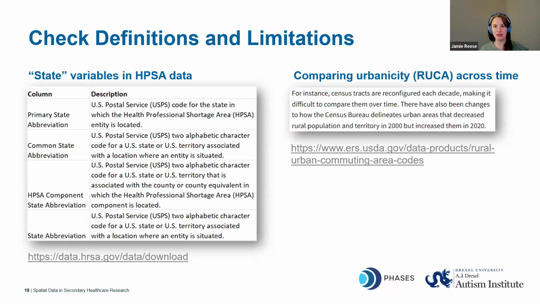On the limitation side, there's actually some really interesting methodology stuff around this. So there's an urbanicity indicator from USDA. It's called Rural Urban Commuting Area Codes. They necessarily changed methodology a little bit over time to account for some differences in the data that's available.